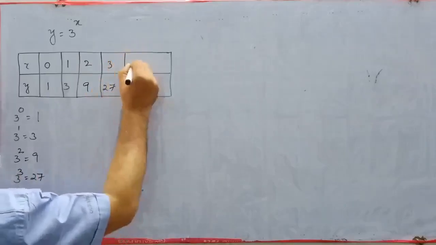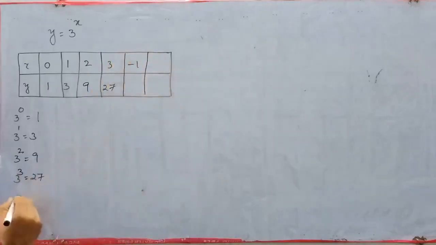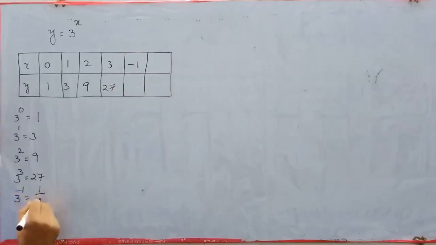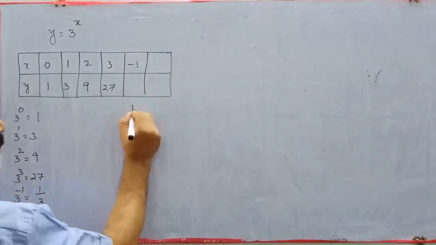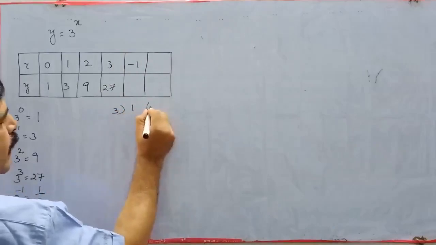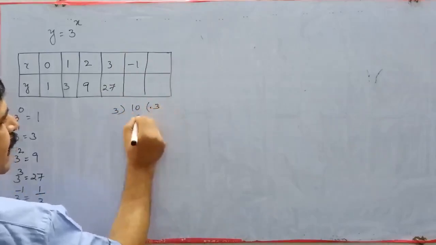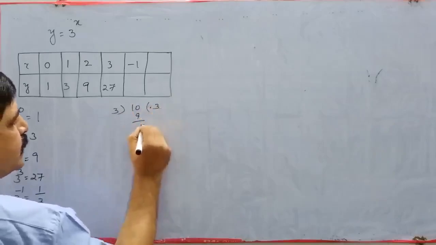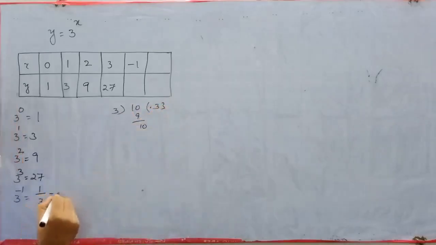Next one, minus 1. x is equal to minus 1, that is 3 to the power of minus 1 is equal to 1 by 3. So 1 by 3 is 0.3, I think. 3 threes are 9, 1 remainder, 0, 3 threes are 9. So this is equal to 0.3.